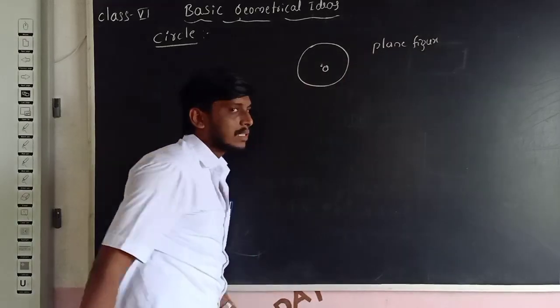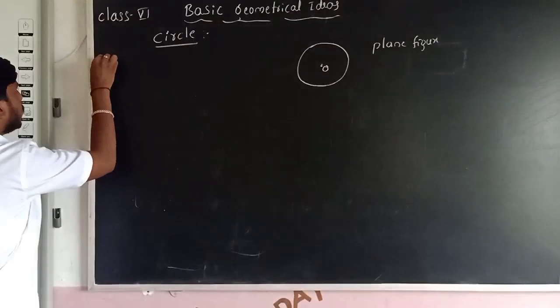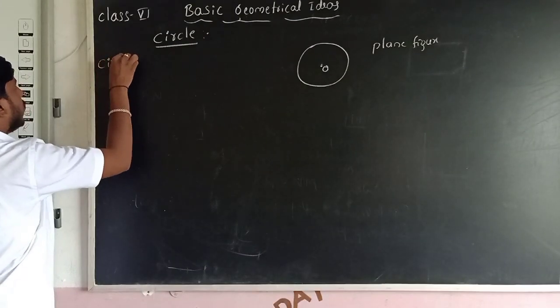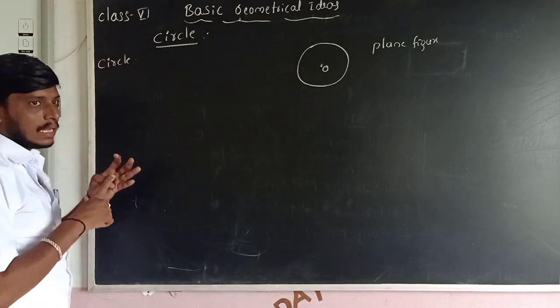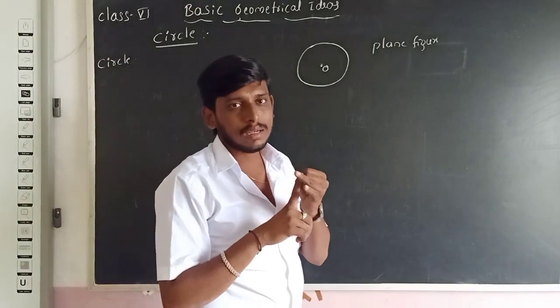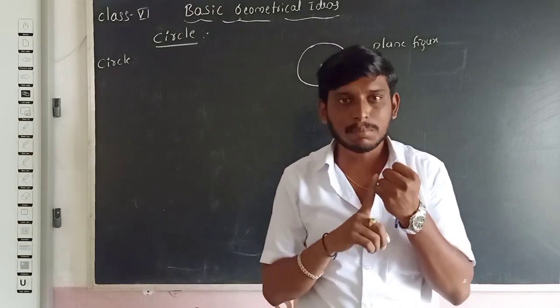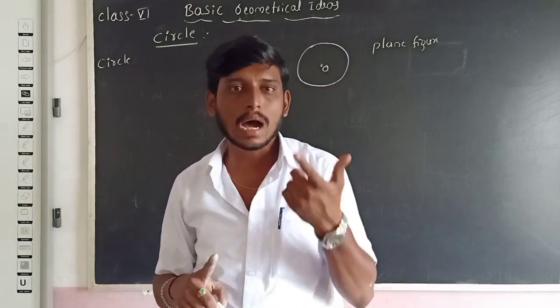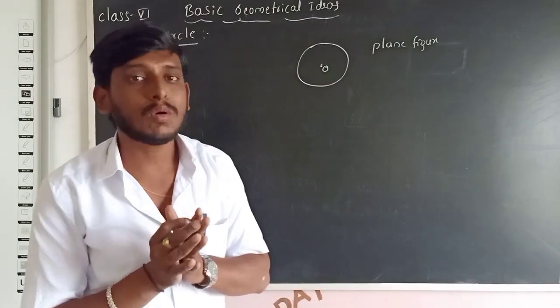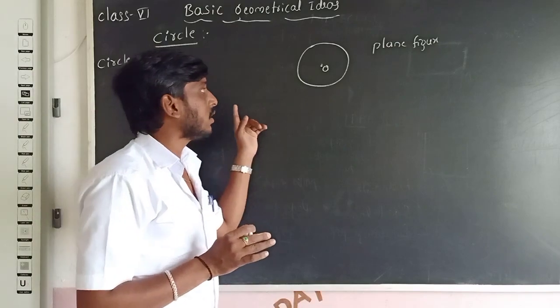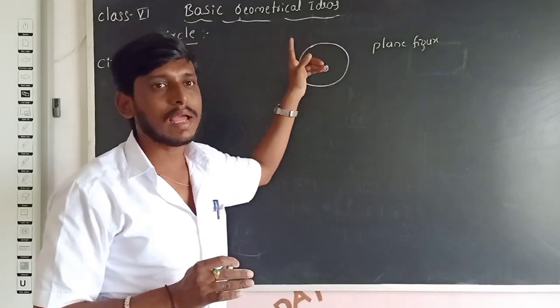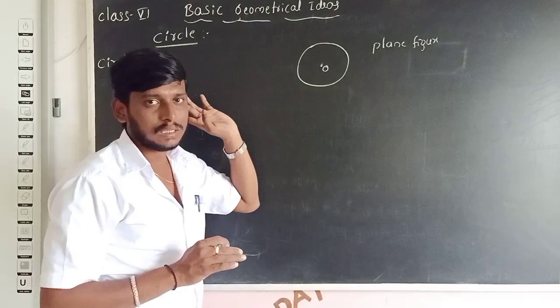What do you mean by circle? Some important definitions will come: circle, radius, diameter, chord, segment, sector, arc. These are very important definitions. They will come up till 10th class, so this concept is very important.